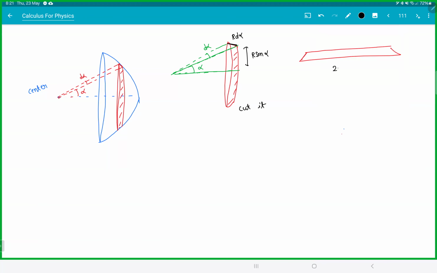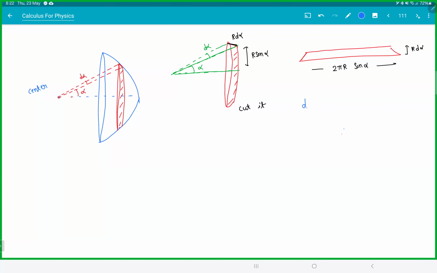For this rectangle, the circumference will be 2 pi r sine alpha, and this width will be r d alpha. Please have a look at this point. If you cut this ring, this entire circumference will be 2 pi r sine alpha, isn't it? And the width will be r d alpha.